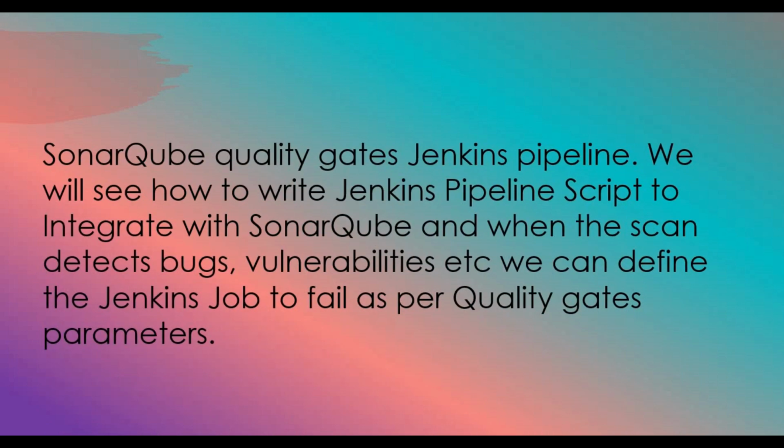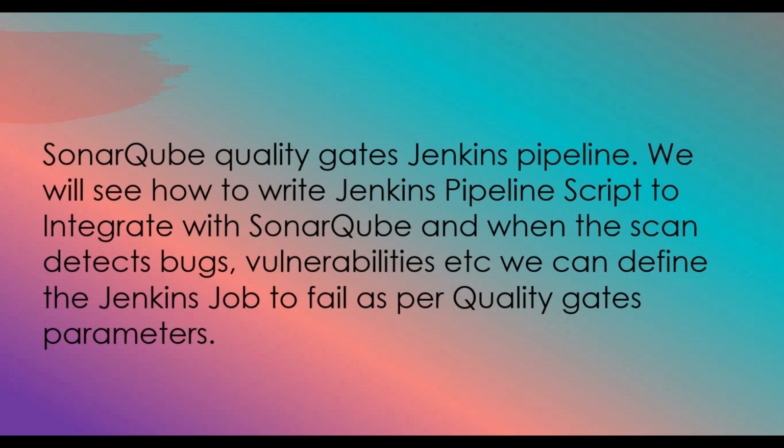So in today's tutorial we are going to see another topic on SonarQube. We are going to see SonarQube quality gates and how we can do that in a Jenkins Pipeline. In my previous tutorial we saw how to write a Jenkins Pipeline to integrate with SonarQube. In this tutorial we will enhance that Jenkins Pipeline script.